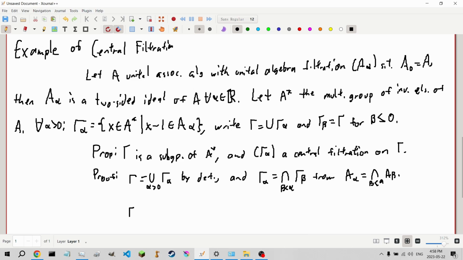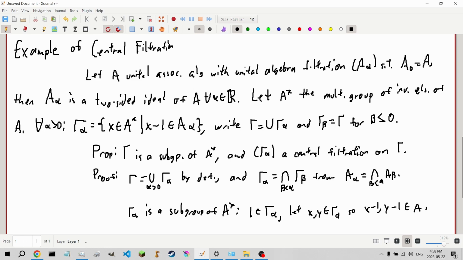We show first off that gamma alpha is a subgroup of A star. One is clearly in gamma alpha. Then we let x and y be in gamma alpha, so x minus 1 and y minus 1 are in A alpha.